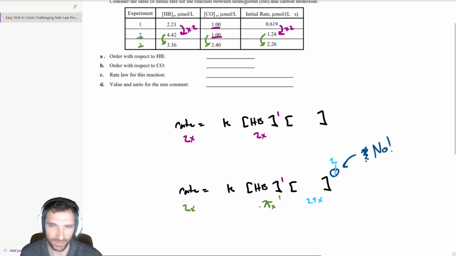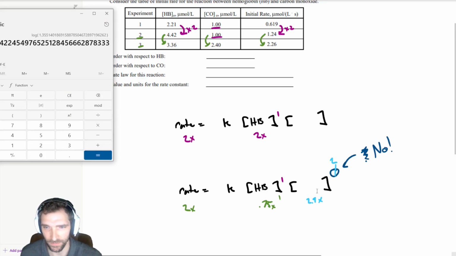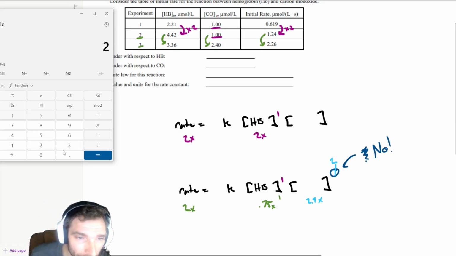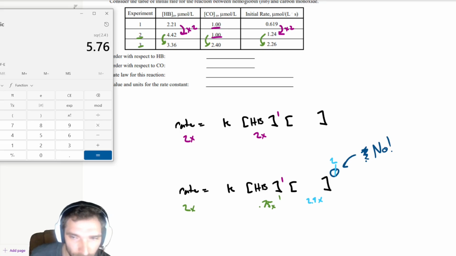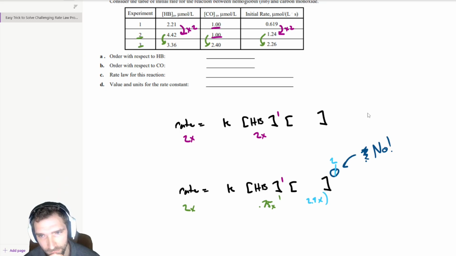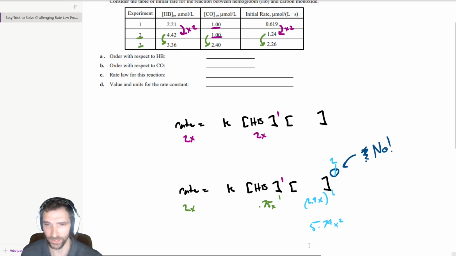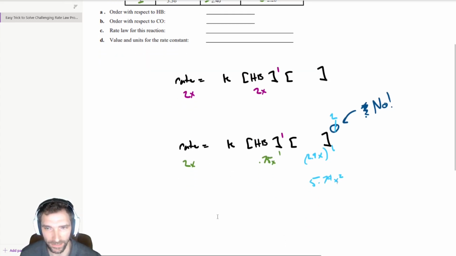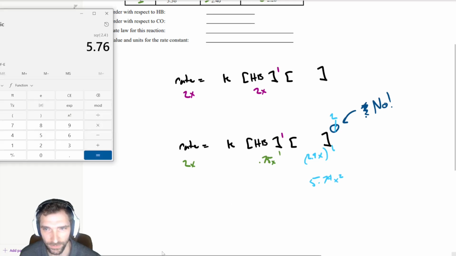I'm not sure that is the case. I think it actually would be up to the first power. We've got 2.4, and you can square that, and that's going to be like 5.7x, and that seems to me a little bit too big.